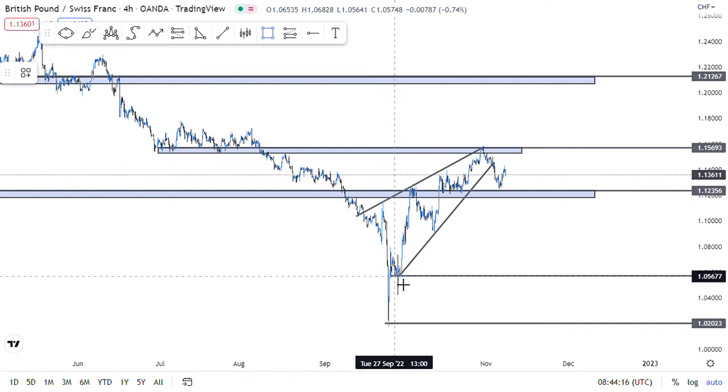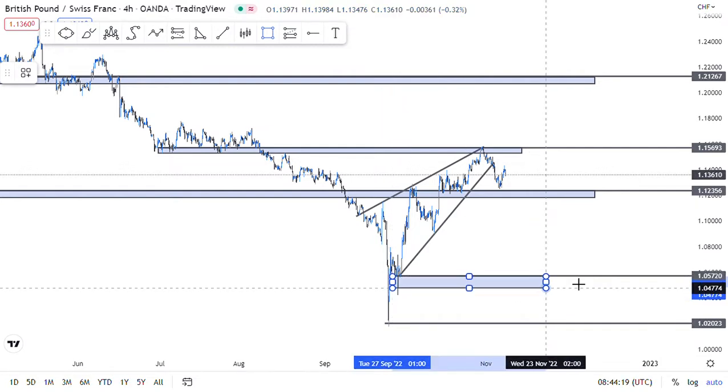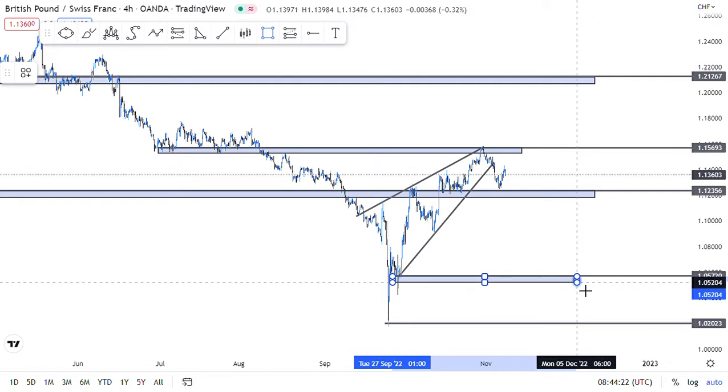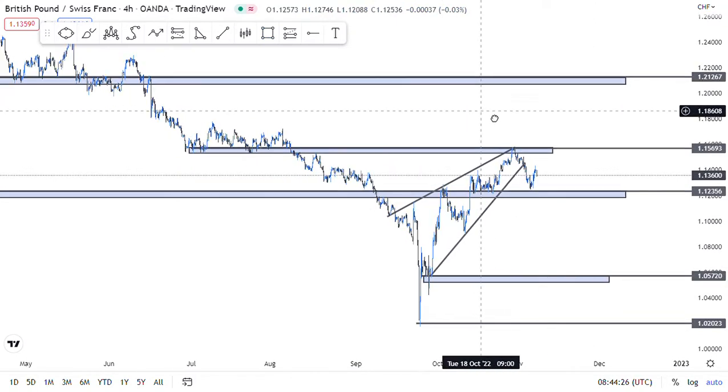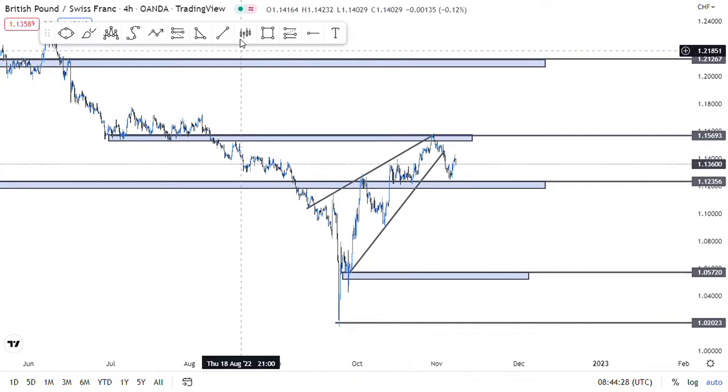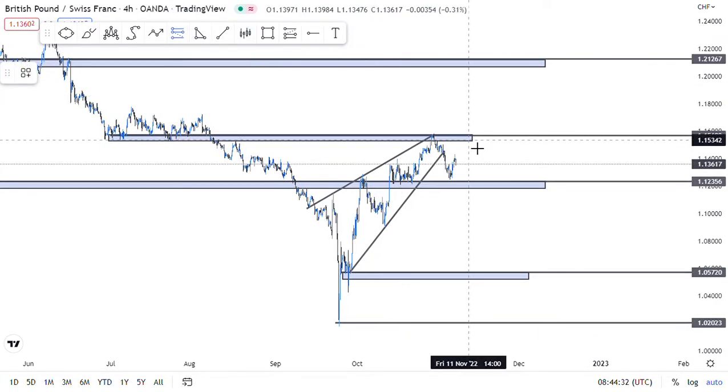And as you can see, the market is approaching our resistance right there, or that zone right there. The momentum has shifted. It no longer has that much buying momentum.